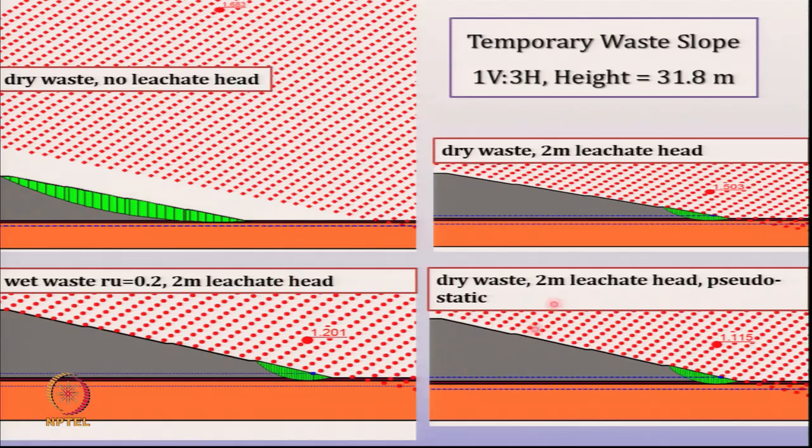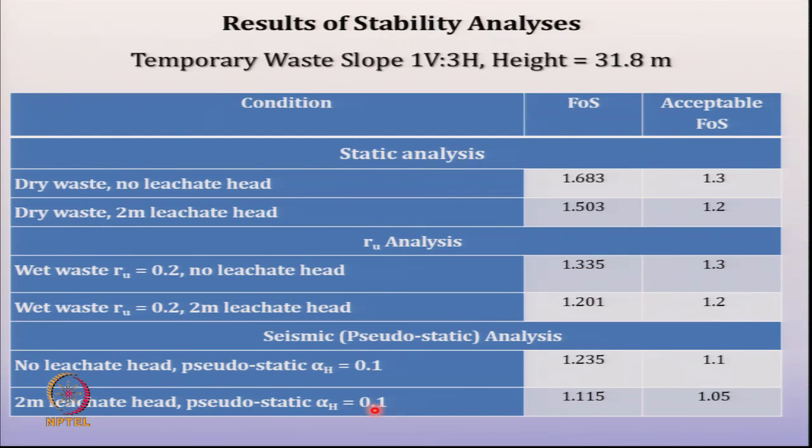So just look at the shapes of the failure surfaces. When the leachate head comes, then the failure surface tends to pass through the leachate. When there is no leachate head, it's a general large failure surface, but here the leachate head, this blue line shows the leachate head, and therefore it's passing through this. And if I look at the final critical factors of safety, this is a temporary slope, so the acceptable factor of safety is 1.3.